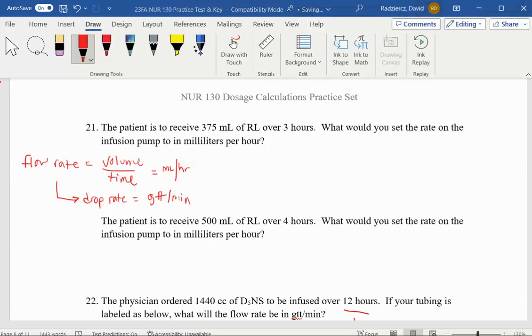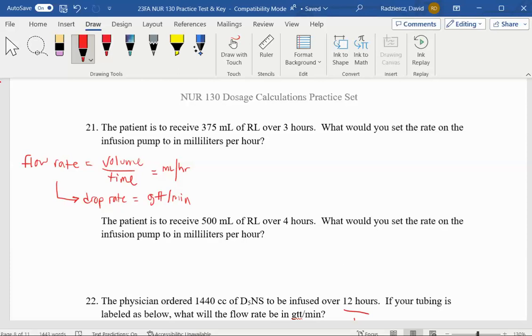So the patient is to receive 375 milliliters of Ringer's lactate over 3 hours. What would you set the rate on the infusion pump to in milliliters per hour? The tricky part of this question is a lot of times nursing students are looking to do more math than needs to be done.